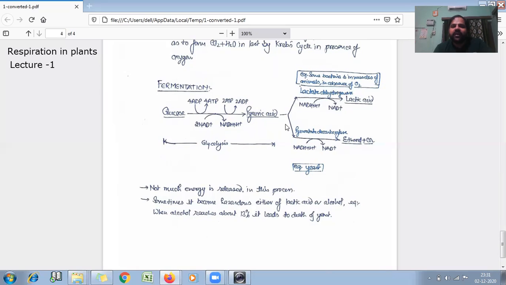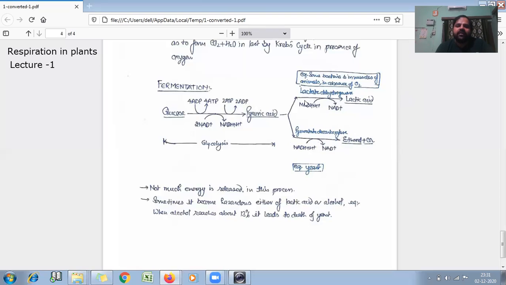And in case of yeast, this pyruvic acid will go through the ethanol fermentation process, and finally ethanol and carbon dioxide will be produced, and one molecule of NADH plus H plus will be utilized. So we can see here the fate of glucose in case of the fermentation process is either lactic acid or ethanol.